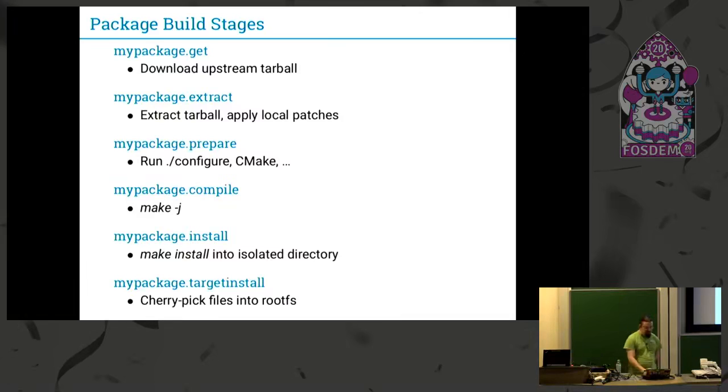So the next step is this target install stage, which cherry picks a set of files into your root file system or your IPKG package later. And you can overwrite any one of those stages in your package makefile, but you can also reuse a lot of them, which we see just now.